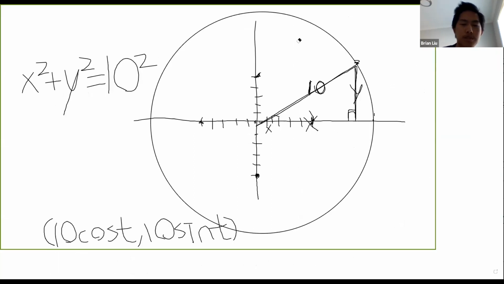Yeah, so now we want to move this big circle 10 to the right. And what would that look like first? Before we come up with an equation, what would that look like? That would look something like this.